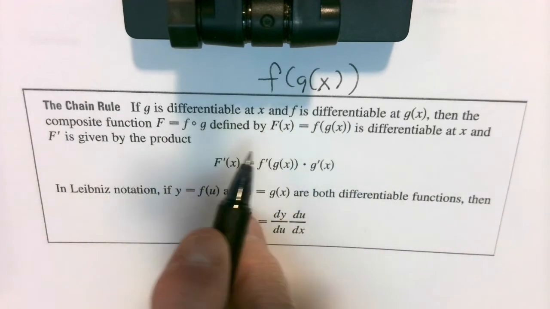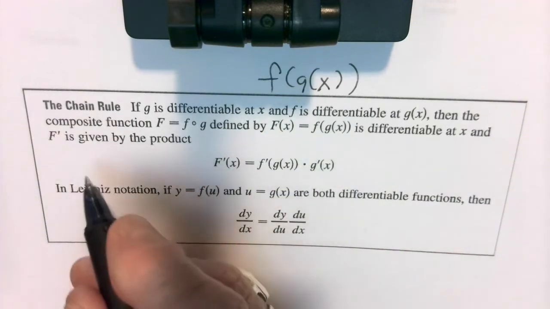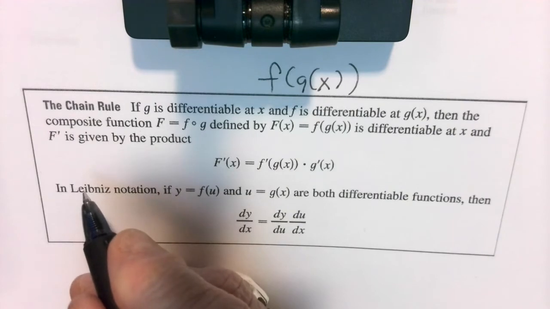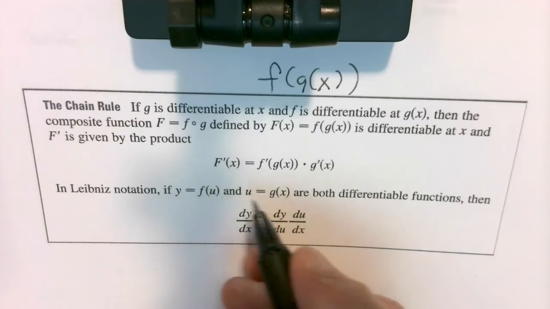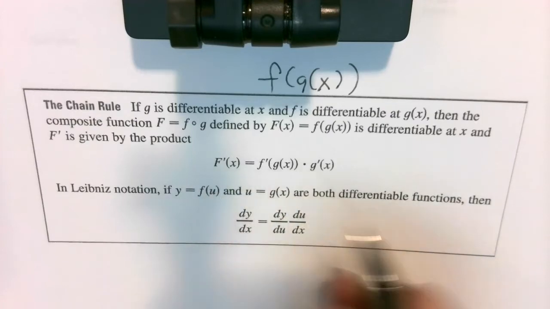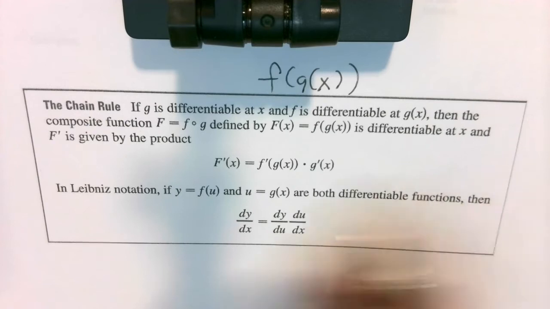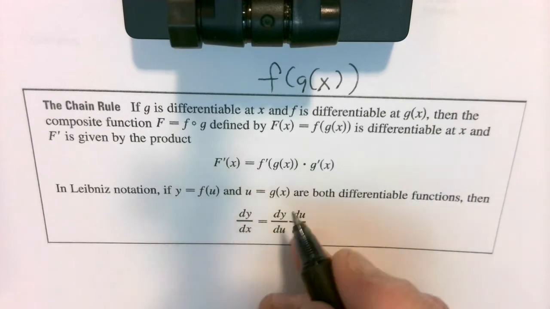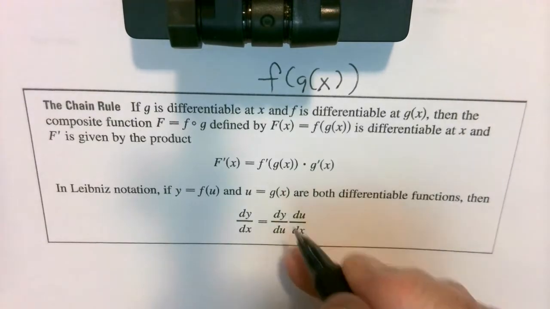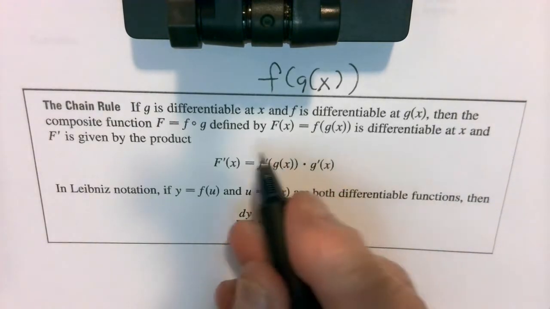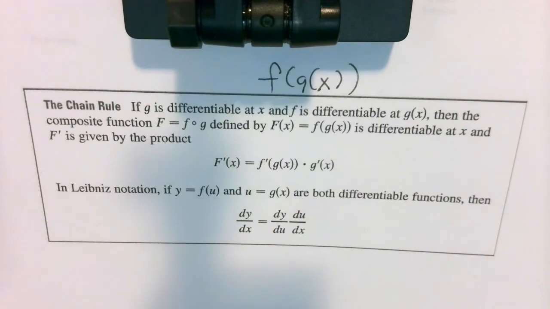The Leibniz notation is: if y is f of u and u is g of x are both differentiable functions, then dy/dx equals dy/du times du/dx. We don't really use that notation that much in this class. I tend to use this notation more.